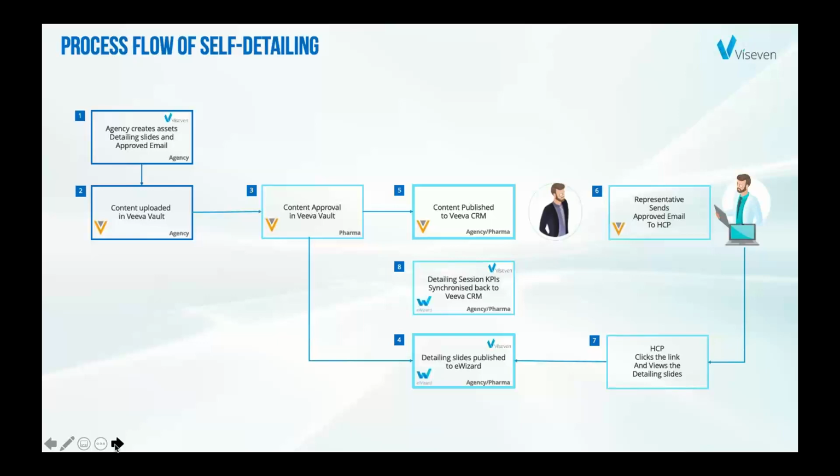And after that, the HCP opens our message. Through this link, this button, he goes to our tool, in this case eWizard, and he will see the presentation itself, the e-detailing, and interact with it. eWizard will gather all the metrics, all the main KPIs regarding these interactions of the HCP with our e-detailing, with your e-detailing in this case.